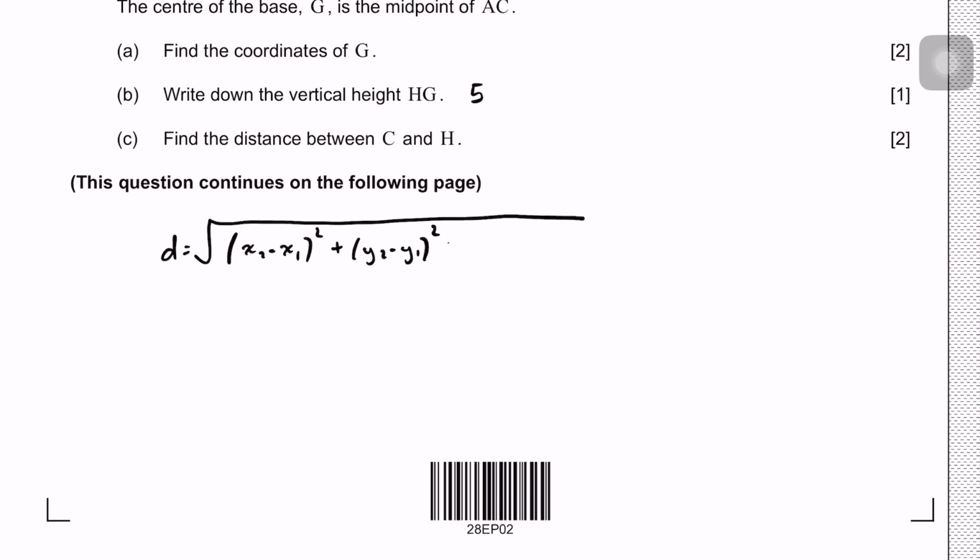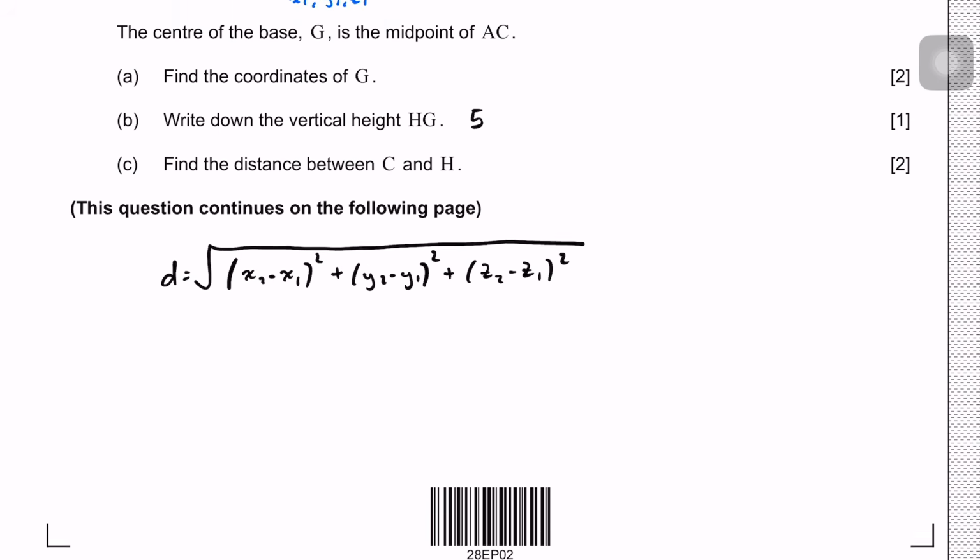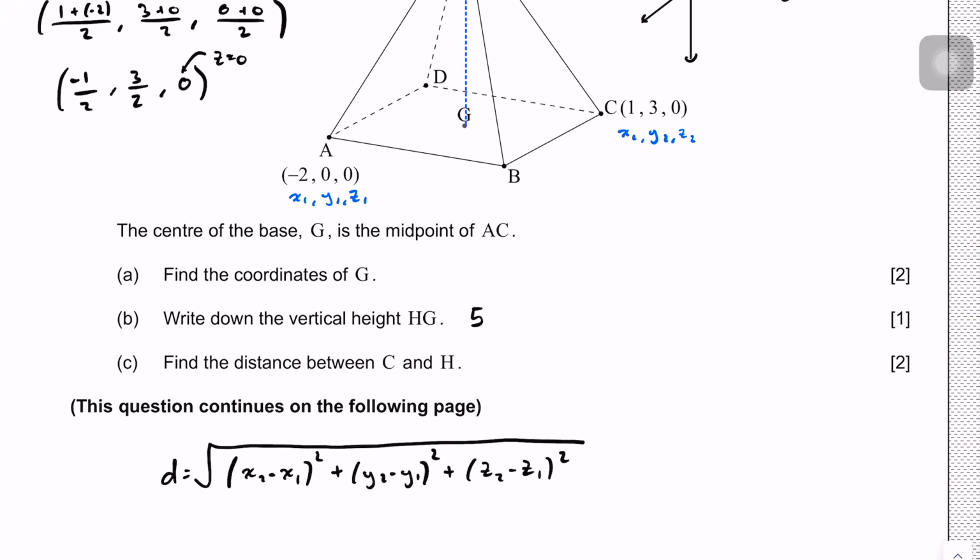I think we can write it out under here. So the distance is equal to, what do we have? We have x2 minus x1, the difference of the x's squared, the difference of the y's squared, and then the difference of the z's squared as well.